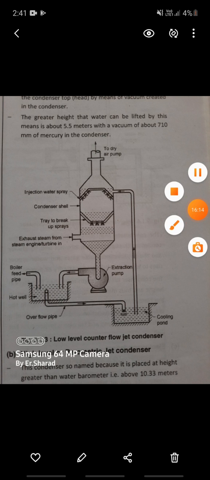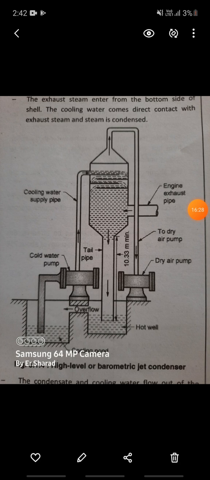Then the second type of jet condenser is the high level or barometric jet condenser.